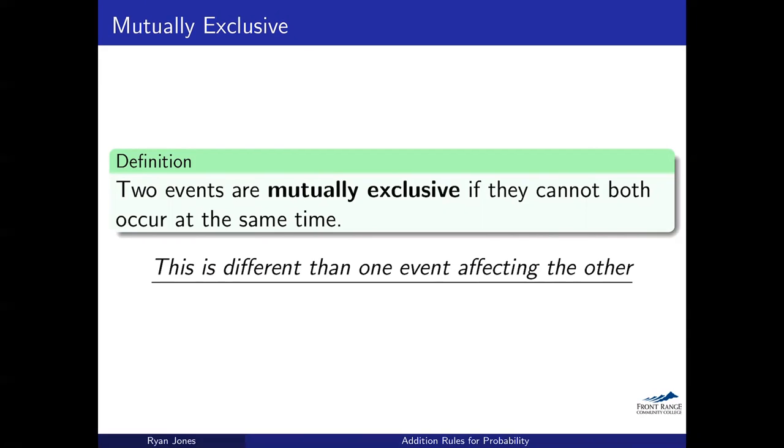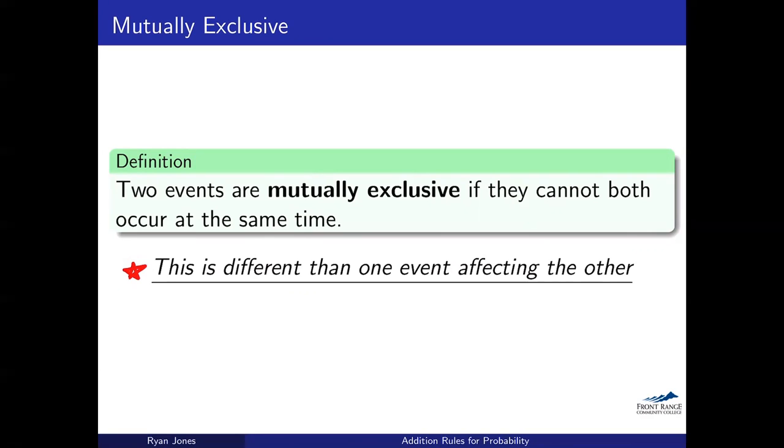You're going to roll just one number. So it's not even possible to roll multiple numbers when you're rolling one single die. Two events being mutually exclusive means they can't both occur at the same time. What I do want to make clear is that this is a lot different than one event affecting another. We're going to see more on that idea in the next lecture. Here, this is just saying that they both can't happen at the same time.